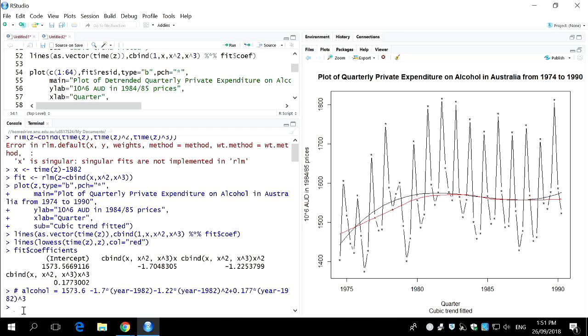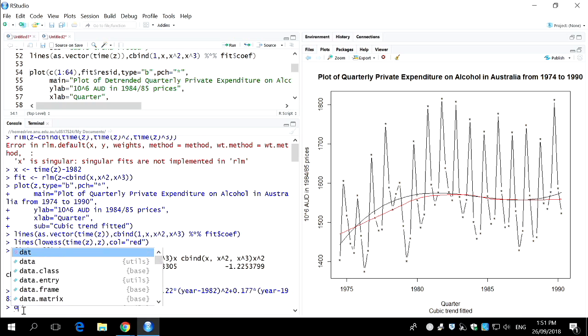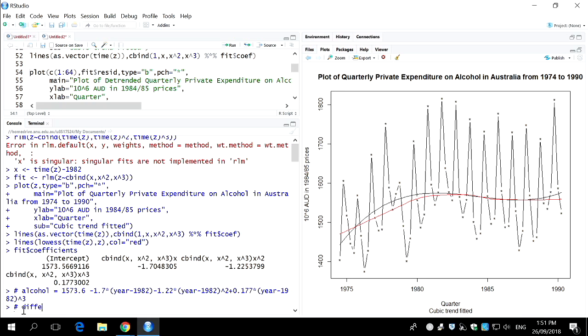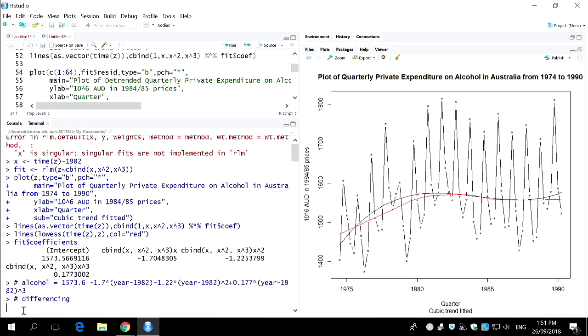Really easy to do. Now I'm going to show you very quickly another approach to fitting trends that's quite interesting, and that's the idea of using differences. Differencing. So differencing is quite cool. So to start us off, let's suppose that the trend was a linear trend.